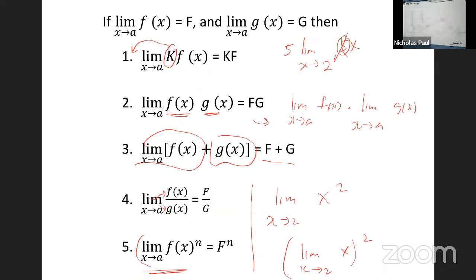So you can put the entire limit squared. There is a question that we're going to do where you will see a square root. What you could do is pull the square root on the outside. You okay with that? That's basically the rule. All right.